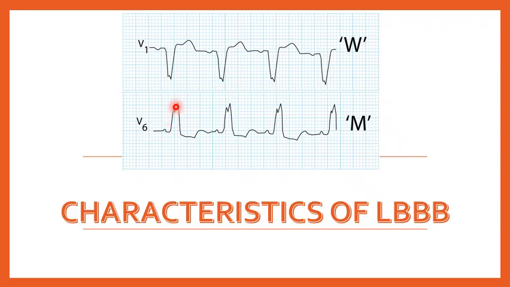And then you have the QRS that looks like an M in V6, and sometimes you'll honestly see what looks like a W in V1. Keep in mind they're opposites, right? Because they're looking at opposite sides of the chest. V6 is looking at the left side of the chest. V1 is looking at the right side of the chest.